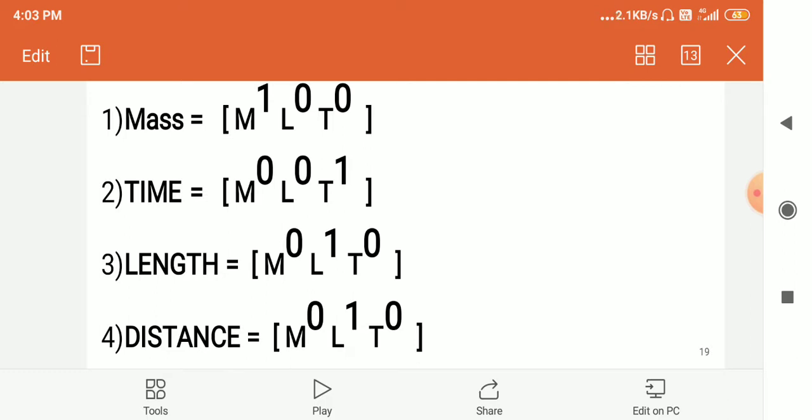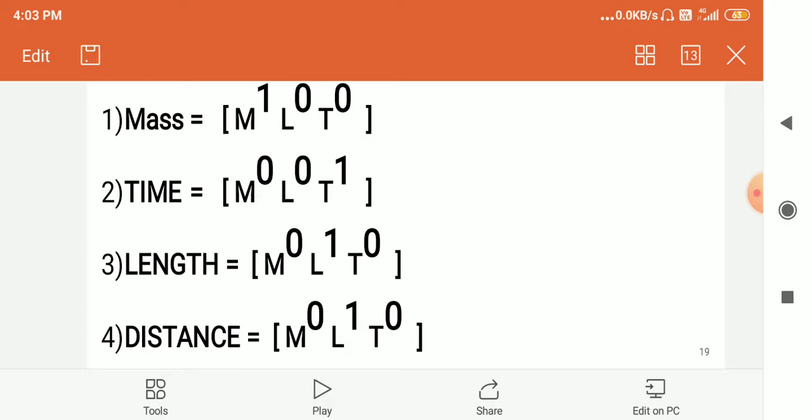Mass means M, M having power 1. There is no length, therefore the power of L is 0, and there is no time, therefore the power of time is 0. So the dimension of mass is M^1 L^0 T^0 in square brackets.